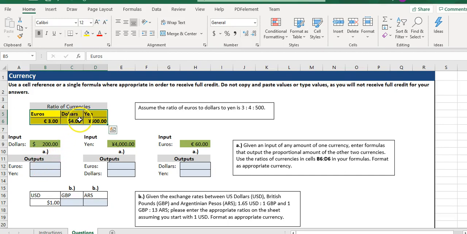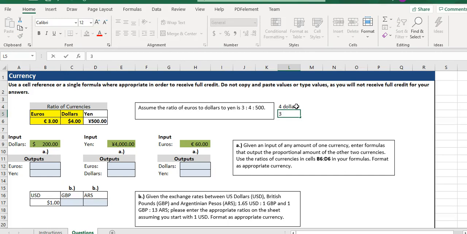So we're going to be using the two parts of this table that are dealing with euros and dollars. Okay, so I'm going to come over here and I'm going to set up a little proportion. So $4 is equivalent to 3 euros.